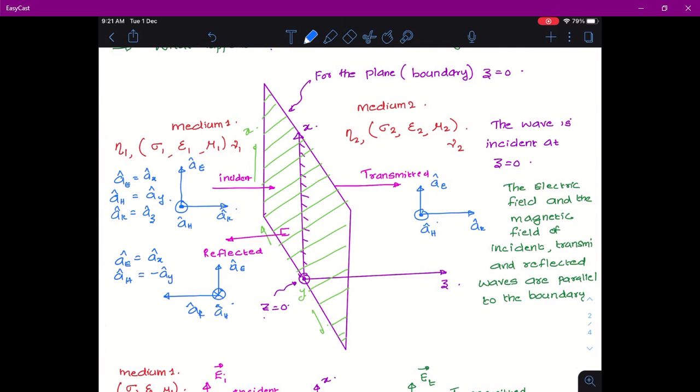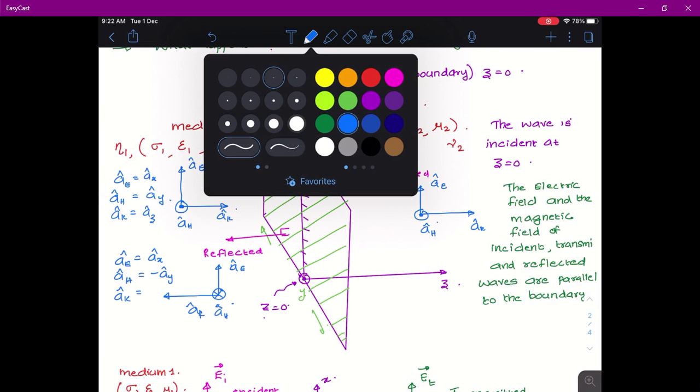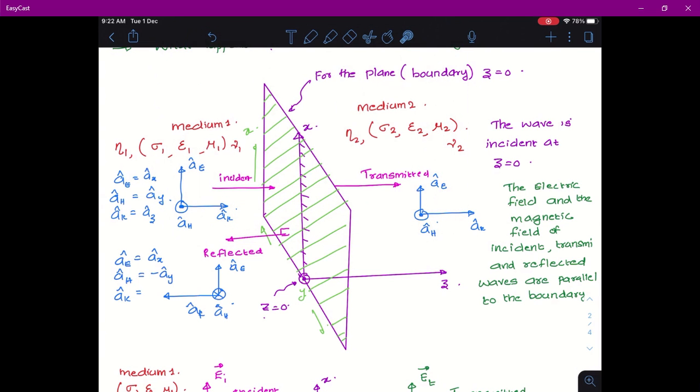Why? You see the H cap is in this direction because it is towards the plane of paper, but you are assuming that Y is positive in this direction. Similarly, Ak cap is equal to minus Az cap, because the reflection is happening in this direction, but your Z is in this direction.